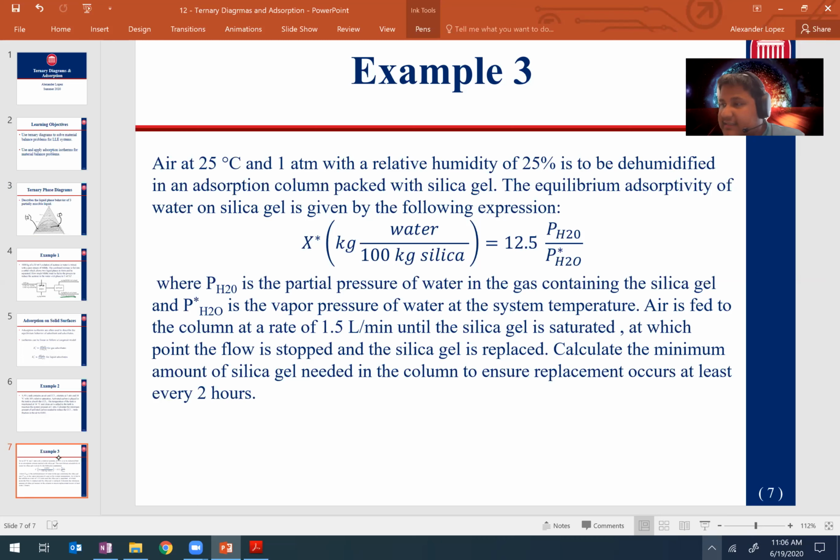It's good practice in terms of looking at material balances for a different type of process, but in my opinion, there are a lot of other more important concepts and skills that I would have liked to see you develop in this course. So you'll see it on this last homework. Like I said, these examples are there, and I will give you solutions. But in terms of studying for the final, I won't put it on the final. I'll just tell you that solid absorption, these types of systems will not be on the final.